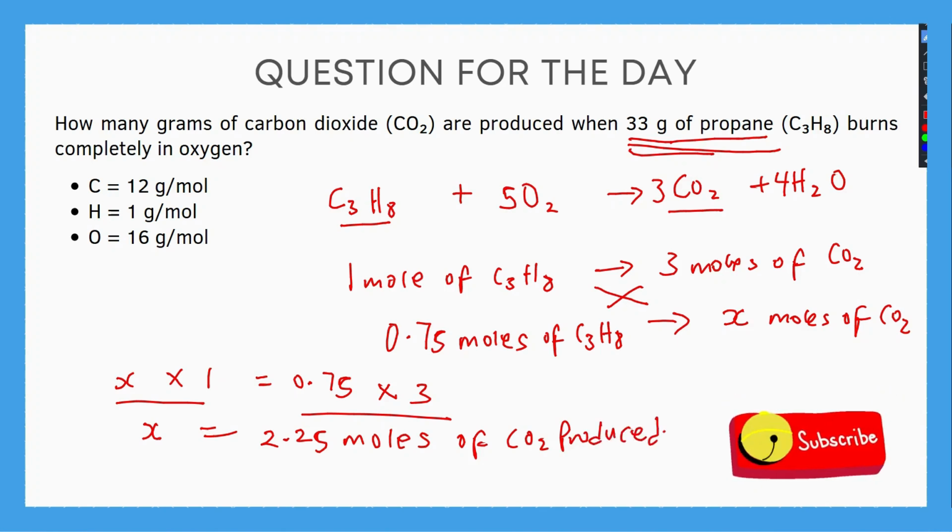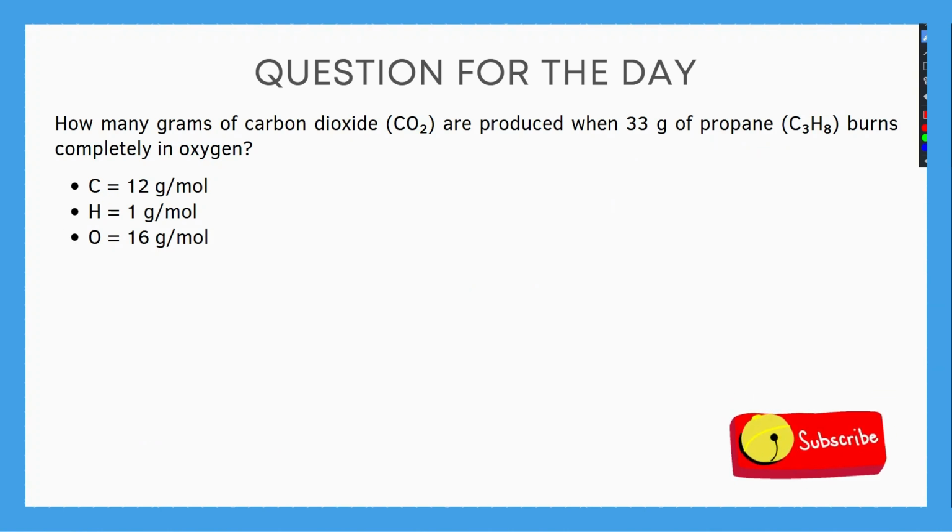But now the question says how many grams? So now we have calculated the number of moles of CO₂ produced to be 2.25 moles. But the question says how many grams? So what are we going to do? We'll convert these moles into grams.